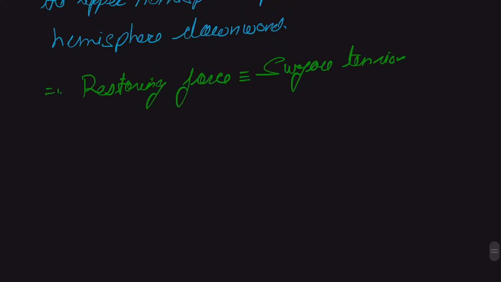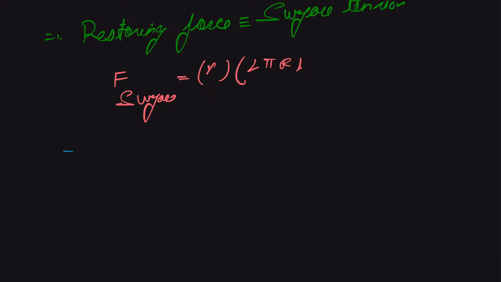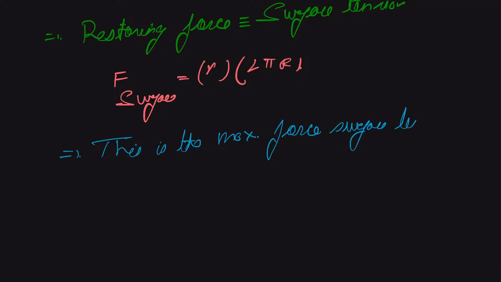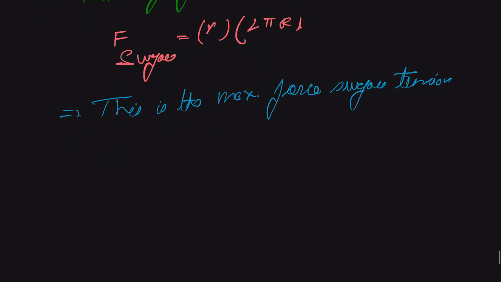We can write that F surface tension will be equal to surface tension multiplied by 2 pi r, and this is the maximum force that surface tension can provide to hold the bubble together.